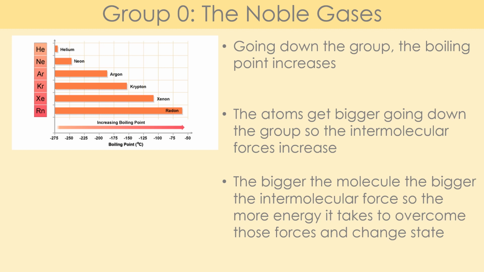So if we have a look at some of them, I've got some helium atoms here. We'll have them there. What we have in between them is an intermolecular force.